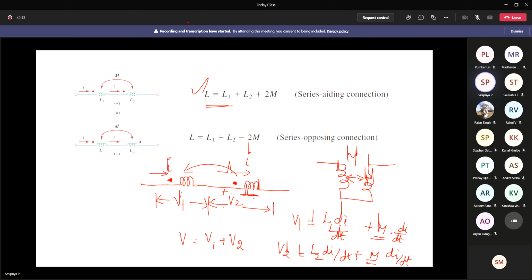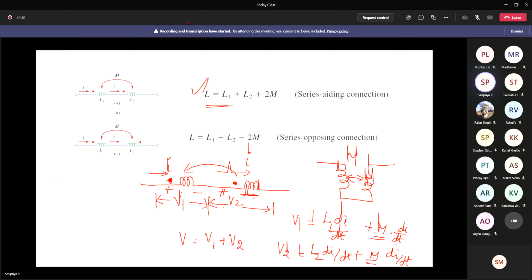Now the current is entering here, so obviously there will be a mutual voltage here which is positive at this dot. Here also the mutual voltage is going to be positive because current enters here. That's the reason here it is written as plus M into di by dt, and for this coil also it's written as plus M into di by dt.